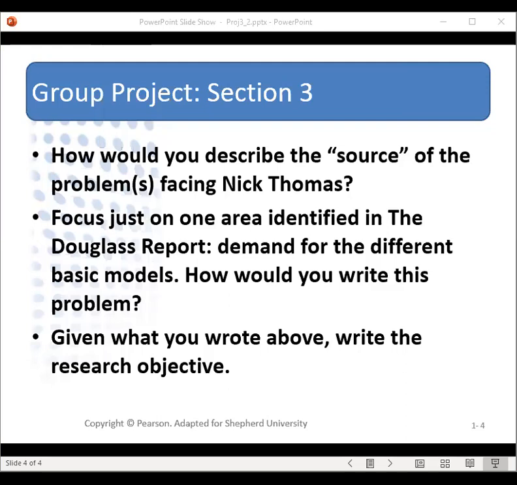Hybrid and alternative fuel technologies show promise. And internal and public reports such as the Douglas Report are calling for more efficient vehicles.